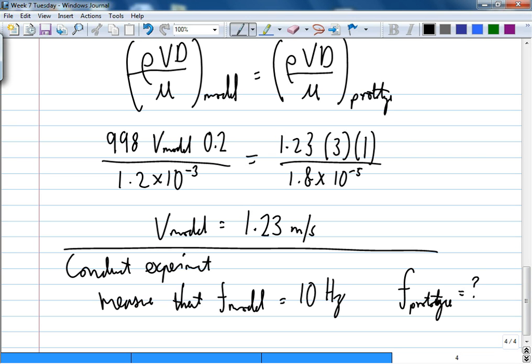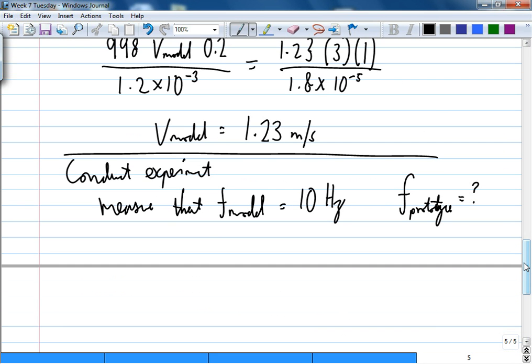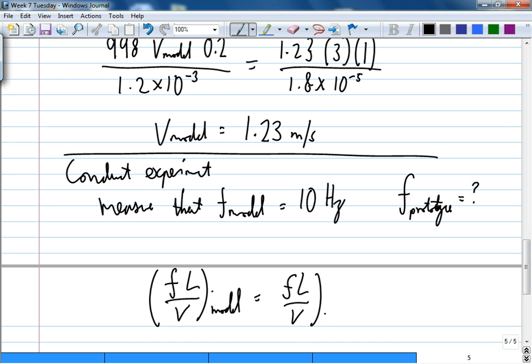If I did my experiment correctly and set up everything correctly, then F L over V of the model is equal to F L over V of the prototype.